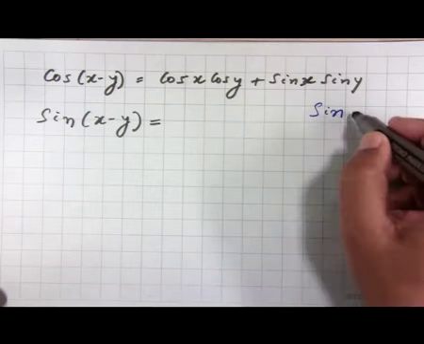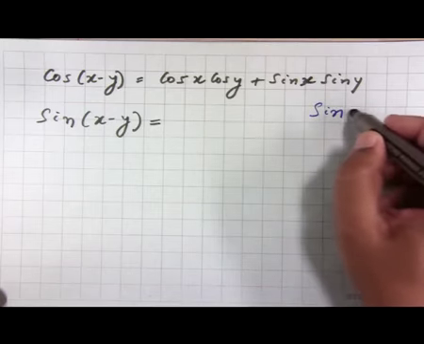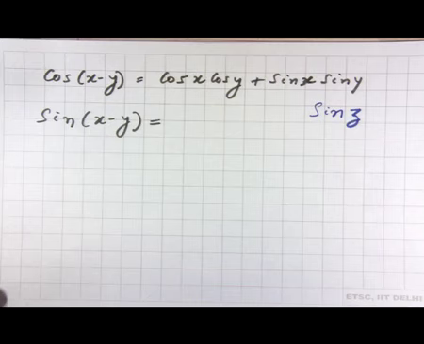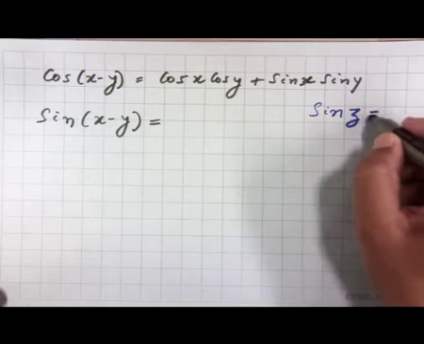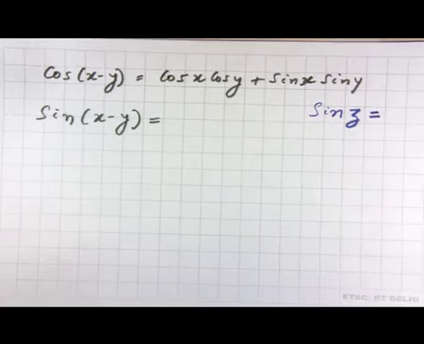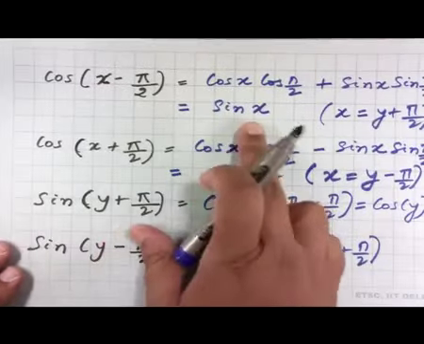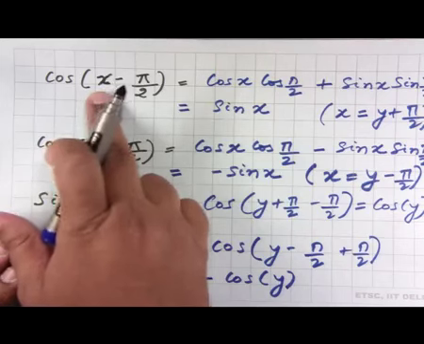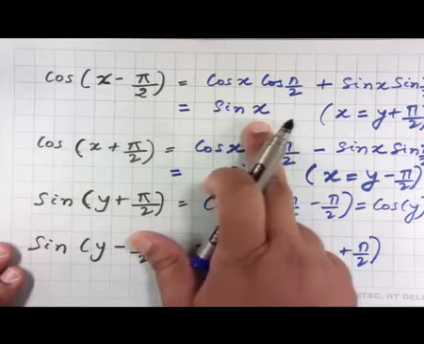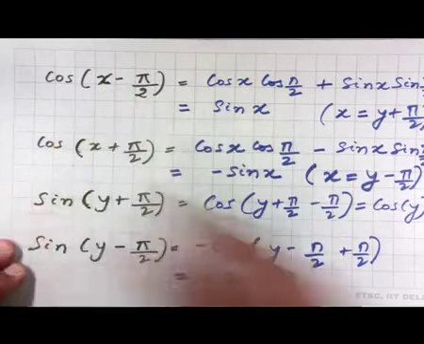for any angle z, sine of z equals cosine of z minus pi by 2. So, sine of z is cosine of z minus pi by 2.